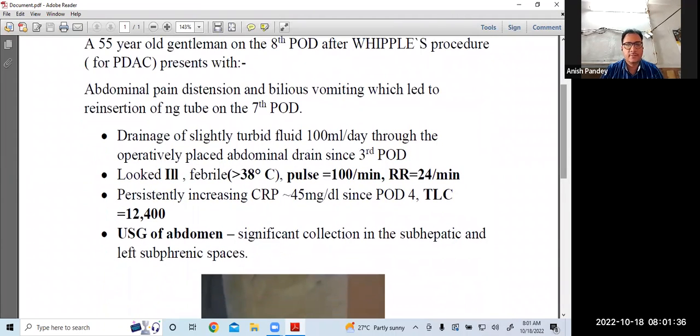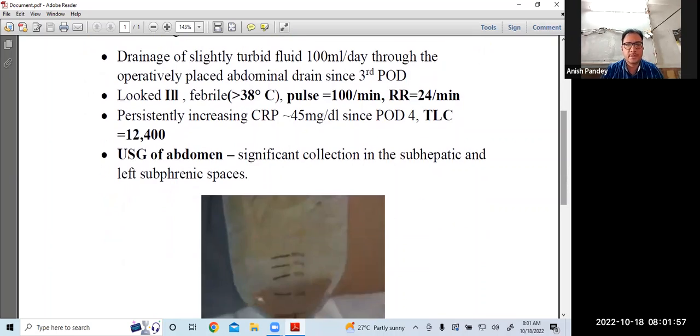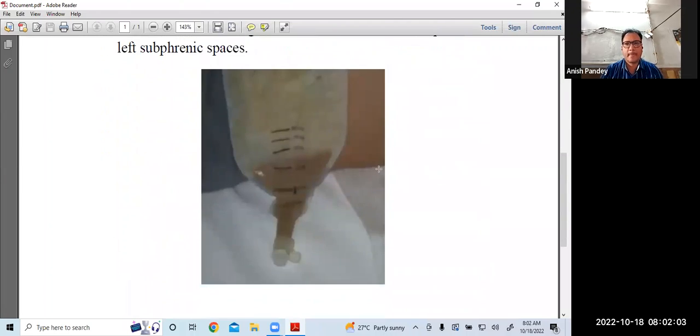He looked ill and febrile, temperature more than 38 degrees Celsius, pulse 100 per minute, respiratory rate 24 per minute. Persistently increasing C-reactive protein, 45 milligram per deciliter since post-operative day 4. The total leukocyte count is 12,400. USG of the abdomen shows a significant collection in the subhepatic and left subphrenic space.